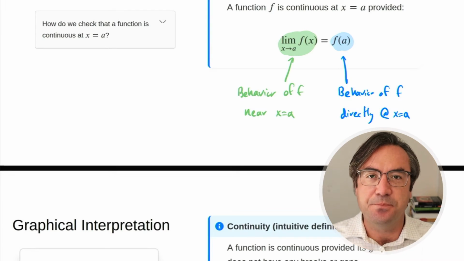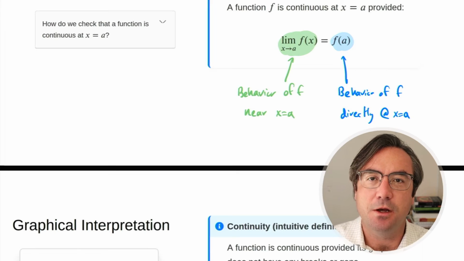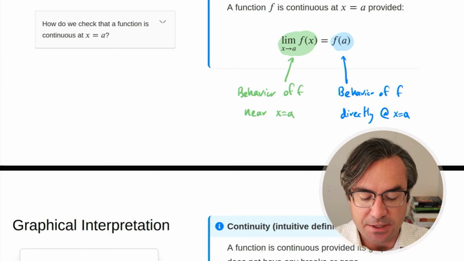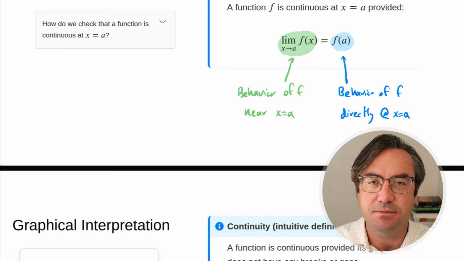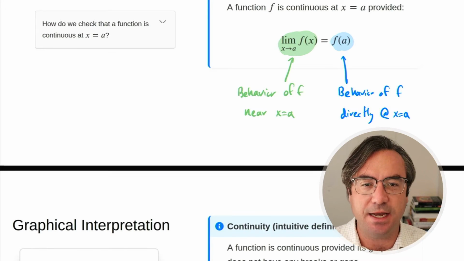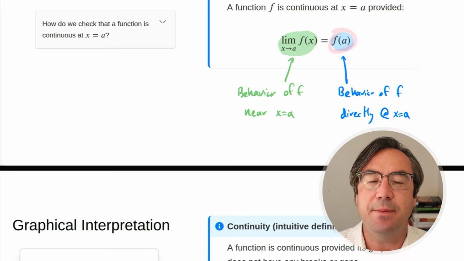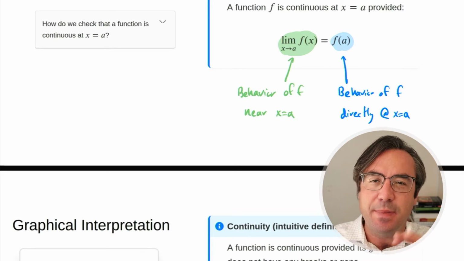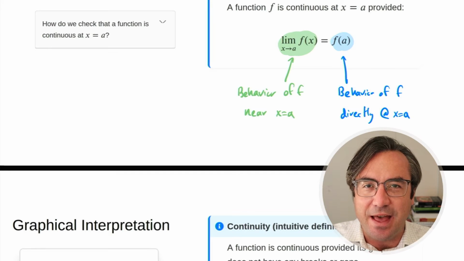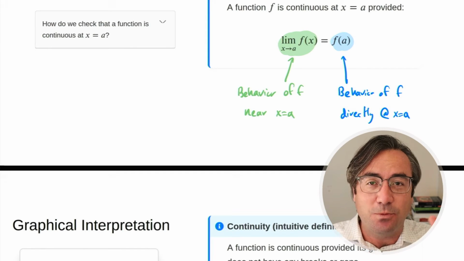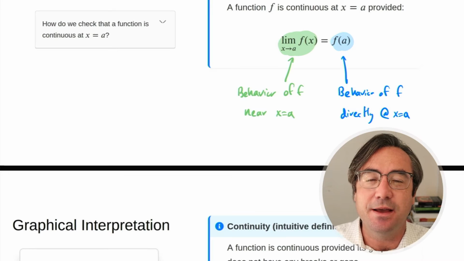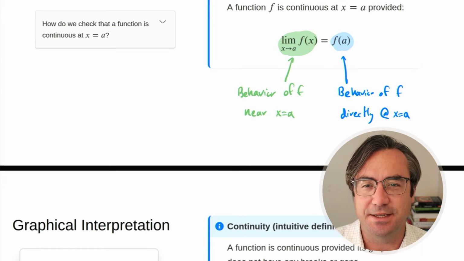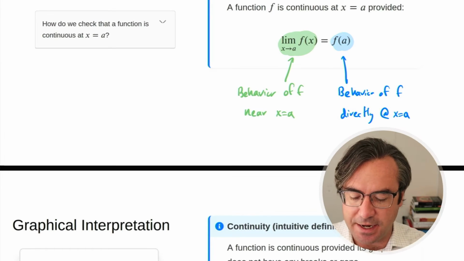That's the key concept here. The idea of continuity says a function's continuous if what happens on the left side and what happens on the right side matches up with what's happening directly at x equals a. The left side matches up with the right side, and what happens directly at x equals a matches up with those left and right sides.